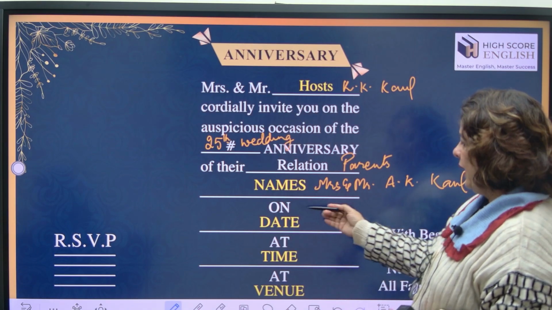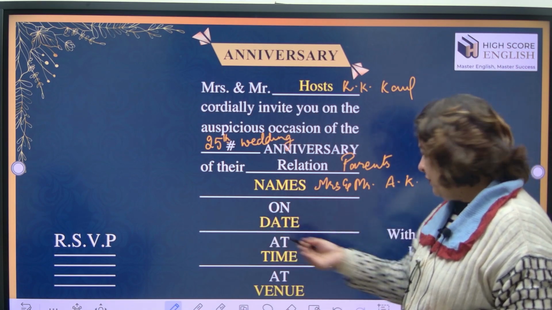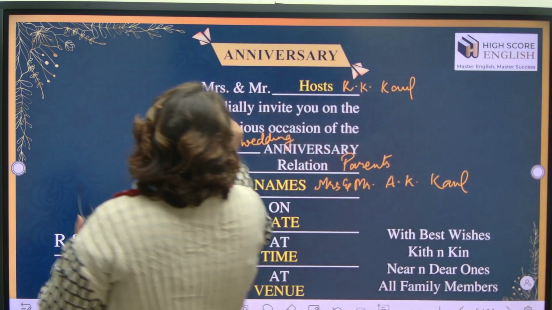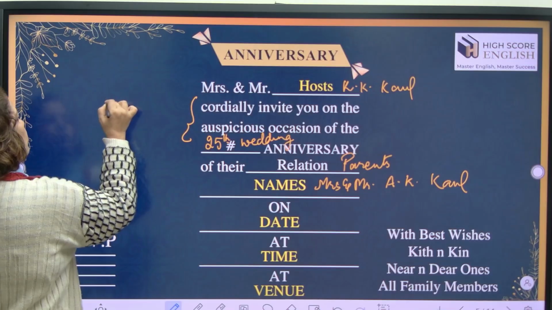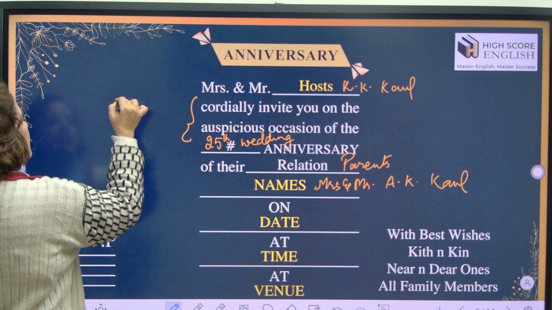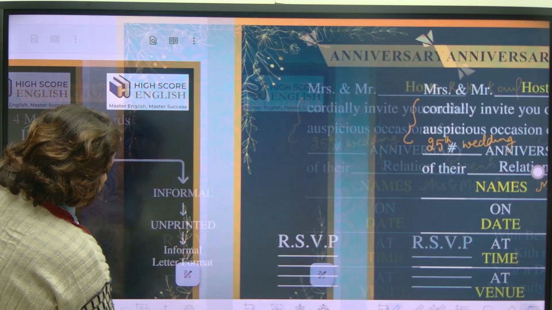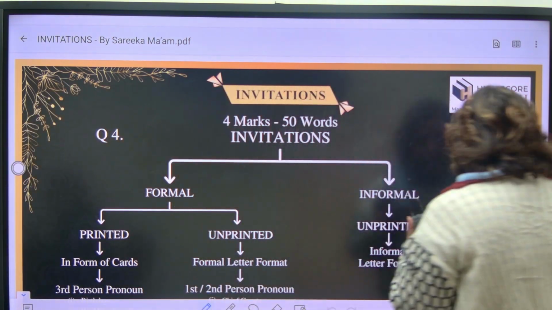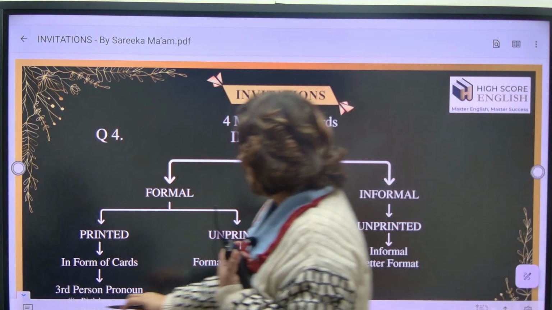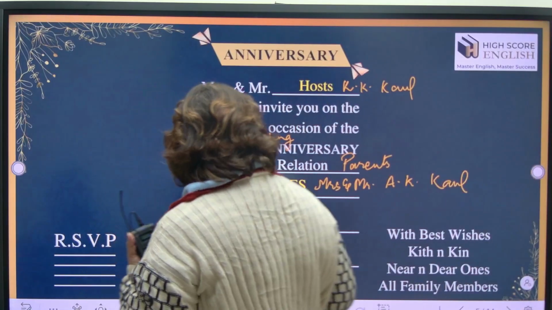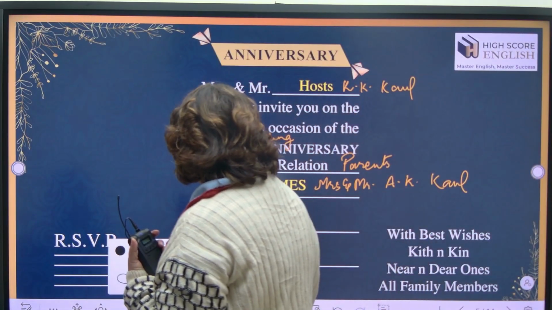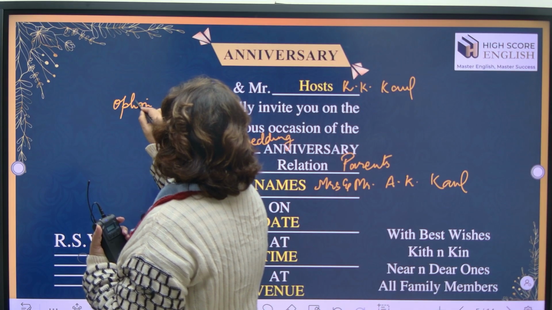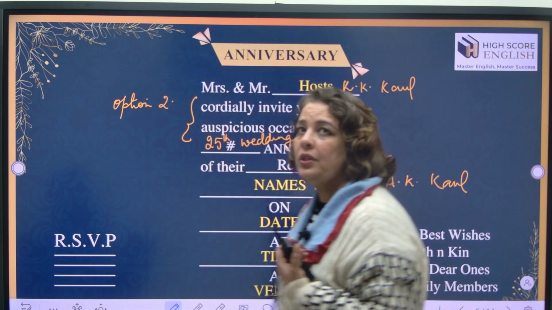Call. Date, time, venue, RSVP with best wishes is going to be the same. The only thing is, this is option 2. Option 1 I gave you in the previous one.